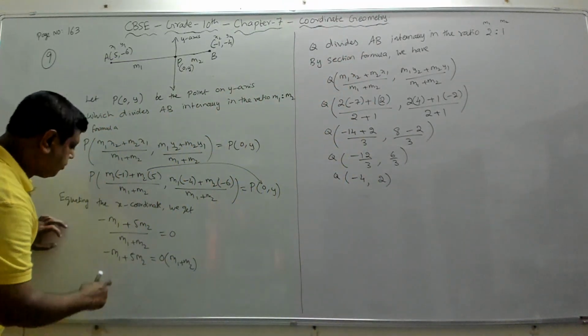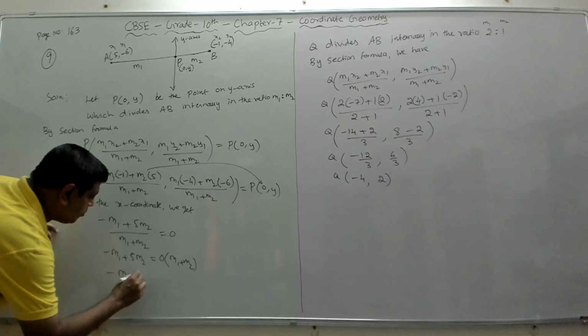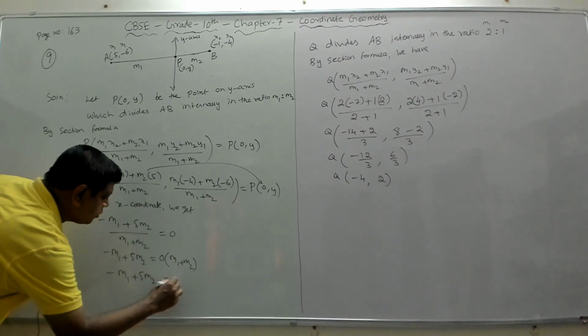So we have minus M1 plus 5M2 equal to 0.